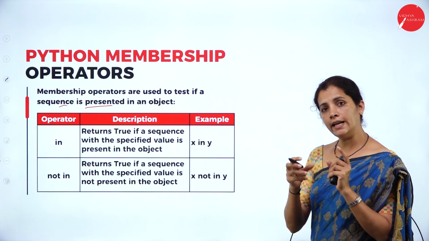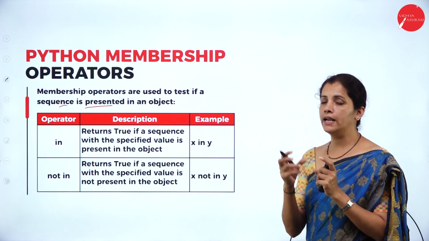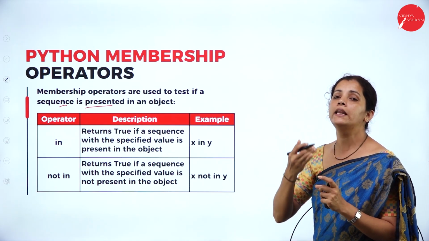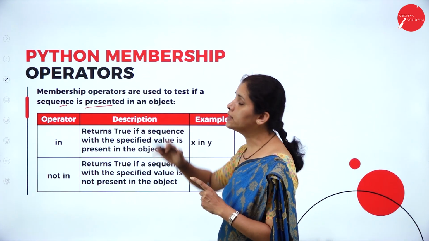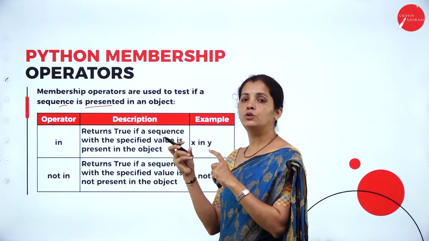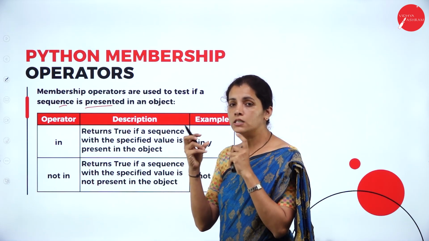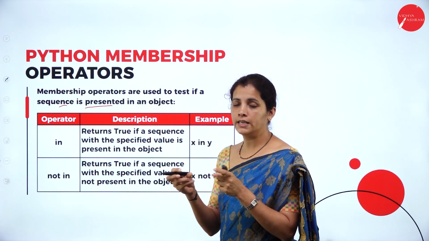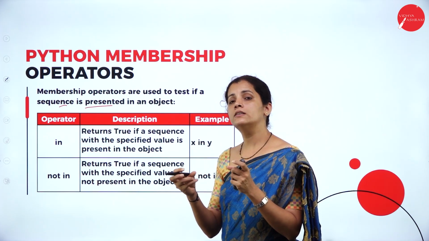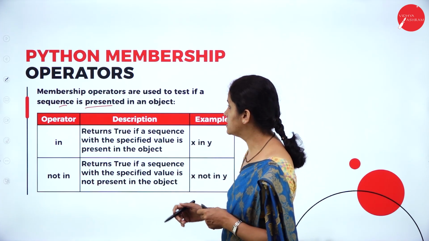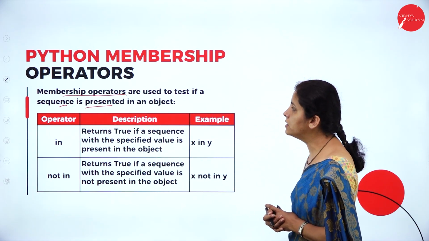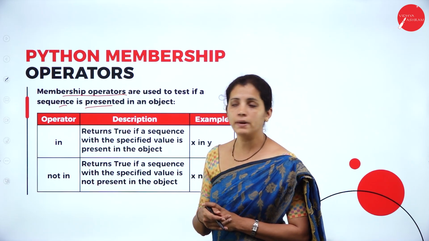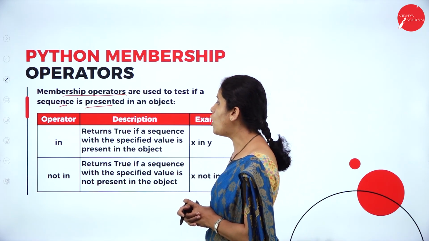If I create any object, and while creating the object, if I have any sequence in that object, then I will go with membership operator in order to know the sequence of the object. Is there any sequence or is there no sequence? So membership operators are used to test if a sequence is present in an object.